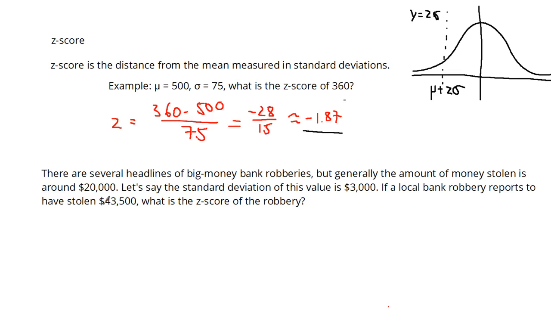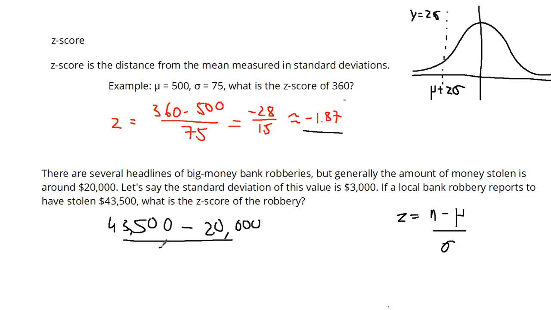So we have this 43,500, and then we subtract the mean, which is 20,000. The general z-score formula is z equals the value, subtract the mean, and then over the standard deviation, so that will be over 3,000.